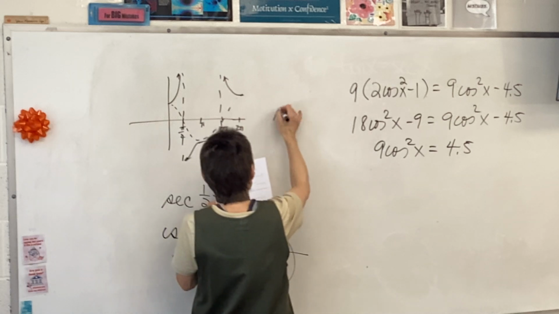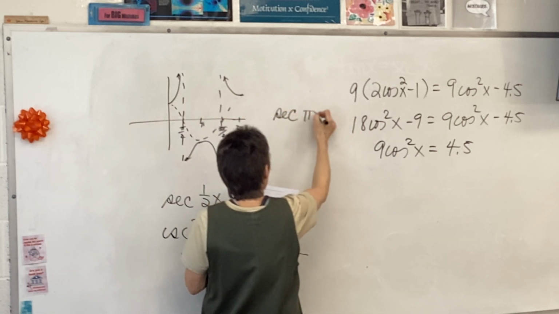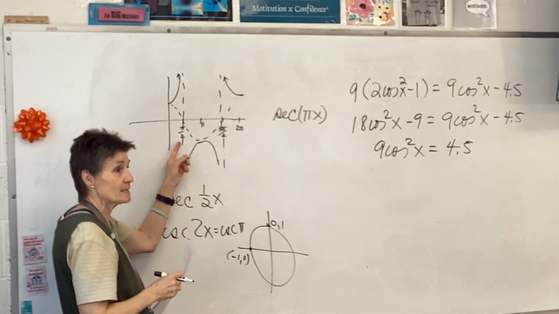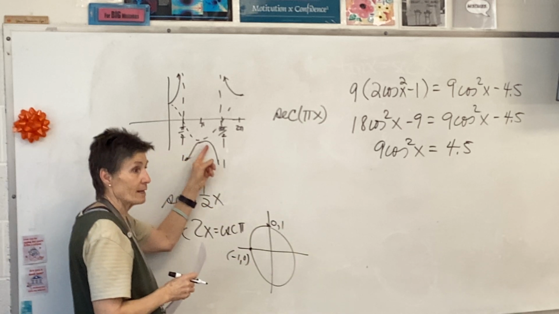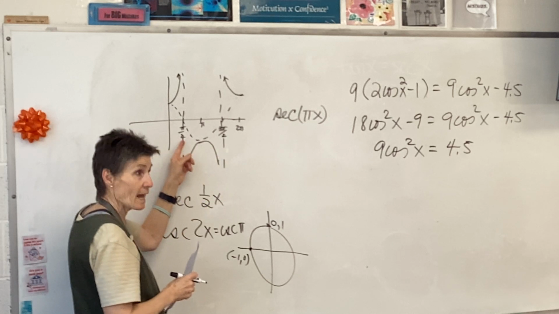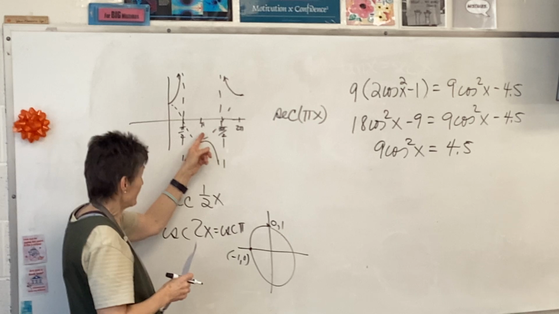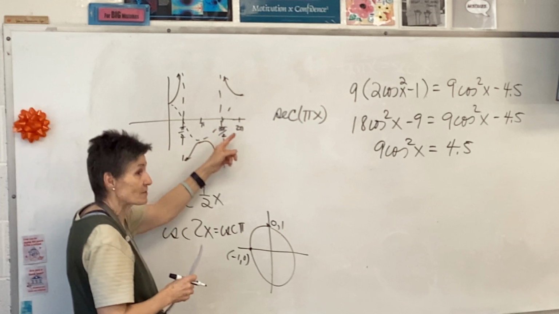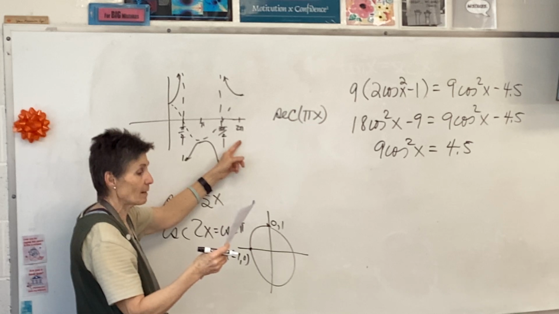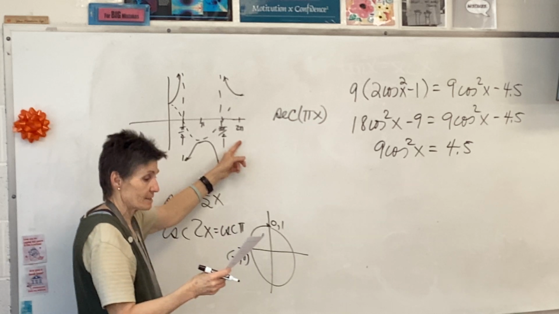If I am doing secant pi x, then I am going to divide all of these by pi. Would you agree? So dividing by pi would give me 1/2, 1, 3/2, and 2. Isn't that what I wanted? Yep. So the answer is C.